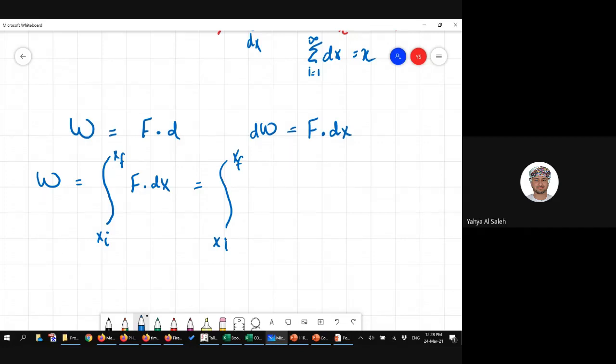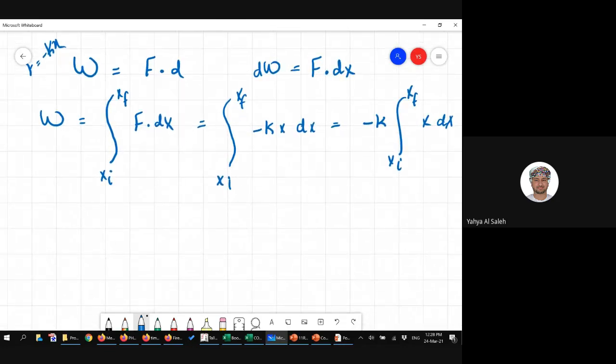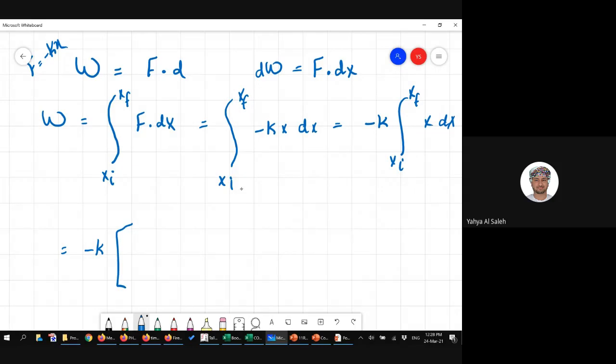We said that the restoring force, F equals minus kx. So we have minus kx dx. K is a constant, so I'll take the minus k outside, and I end up with x dx. What's the integral of x dx? X squared by 2.